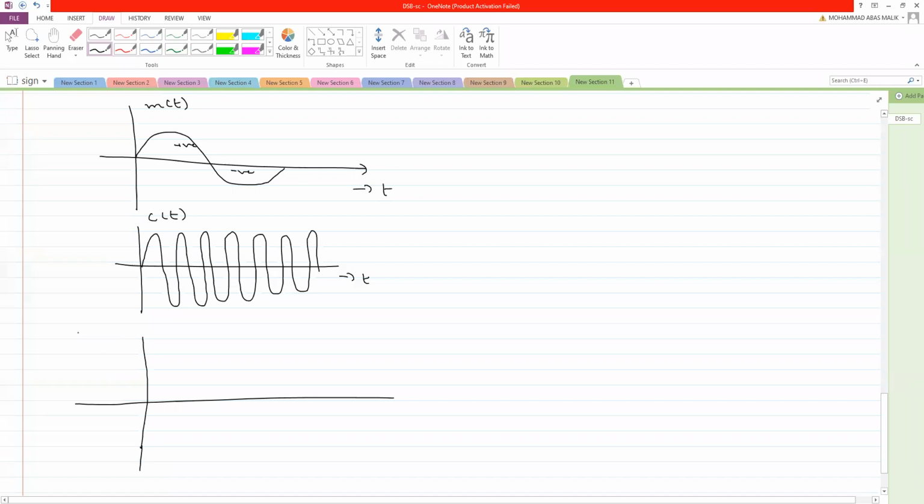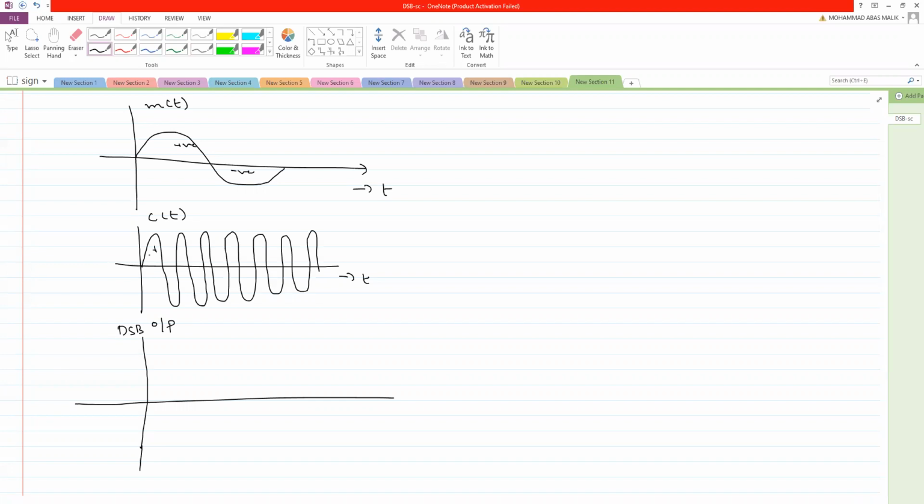Suppose in the first half, this is the DSB output, obviously. In the first half, two diodes are conducting. That means in this half, whenever this is positive, D1 and D2 will be conducting.